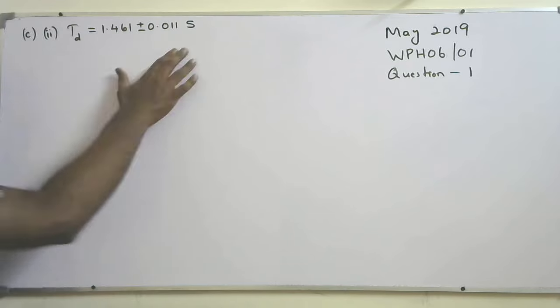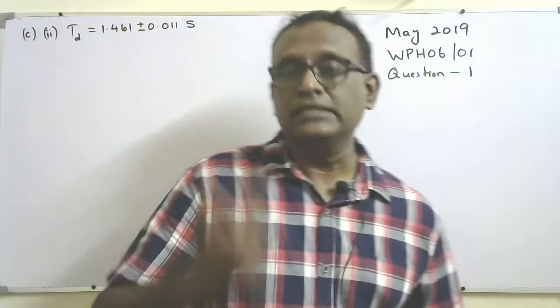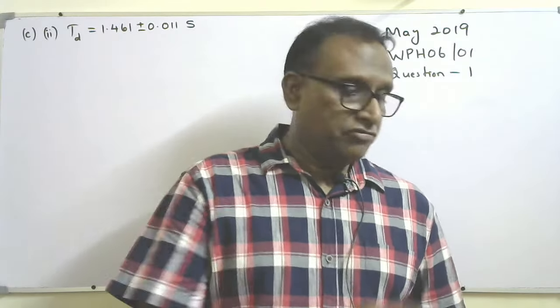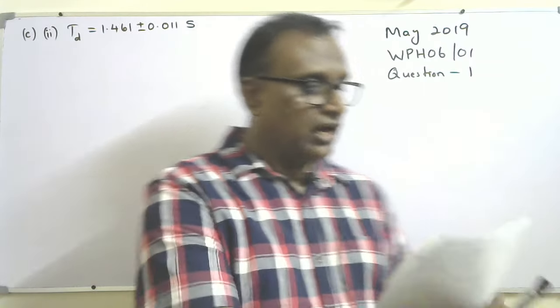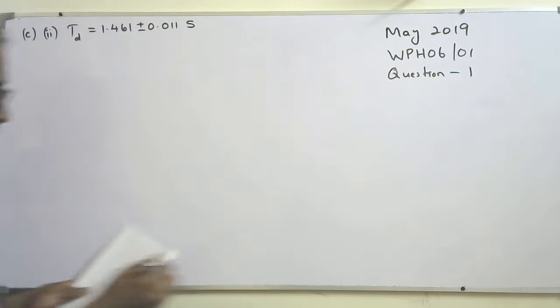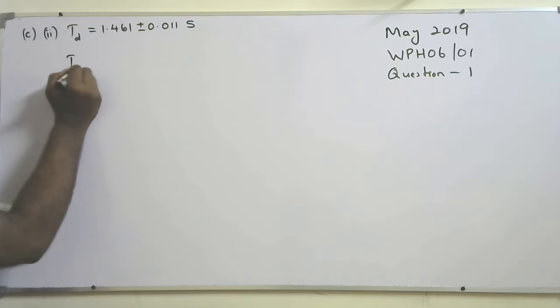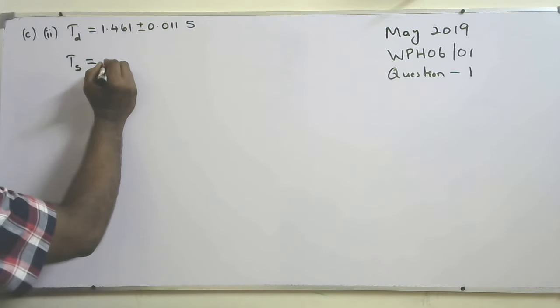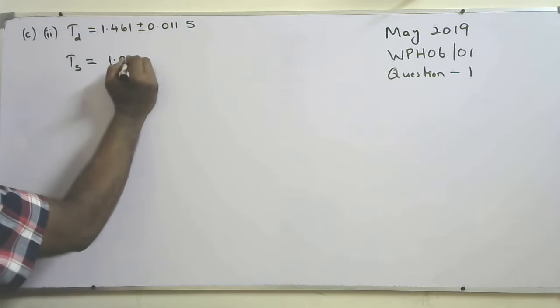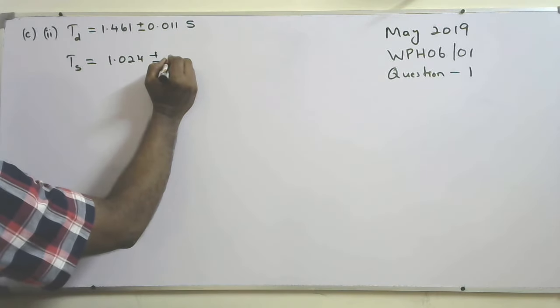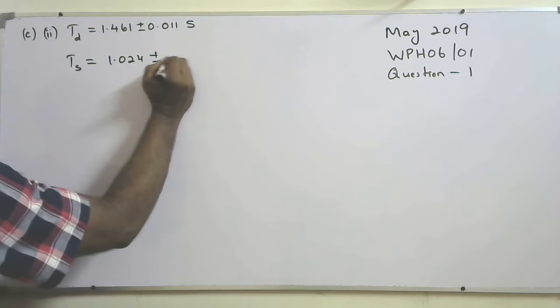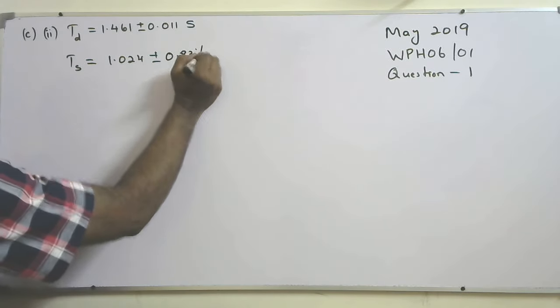Okay, so this is the value given for double the length of the pendulum time period. For the shorter pendulum, that is half of it initially, we found it already in part B. We know that Ts is equal to 1.024 plus or minus, we know it in percentage uncertainty, that is 0.83 percentage.